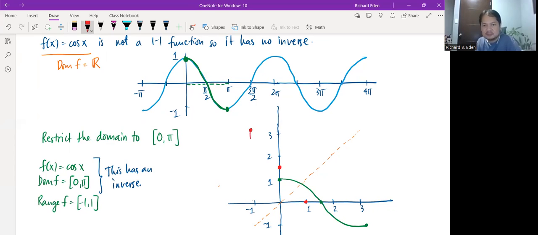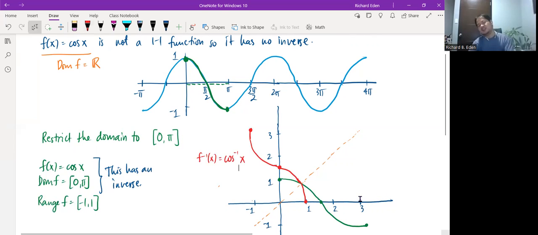It just goes up. It's like part of y equals cosine x. Ah, no, it's part of x equals cosine y. All right. So the graph in red is f inverse of x. This is cosine inverse of x.